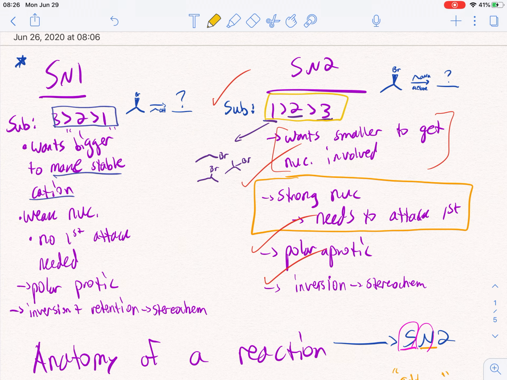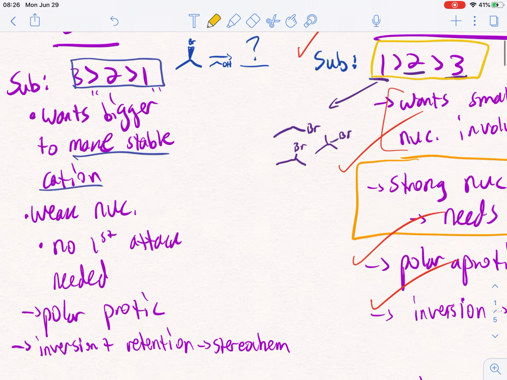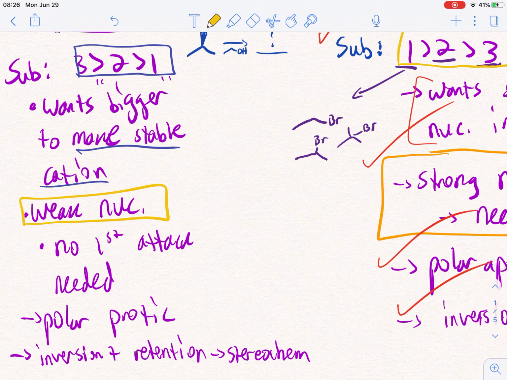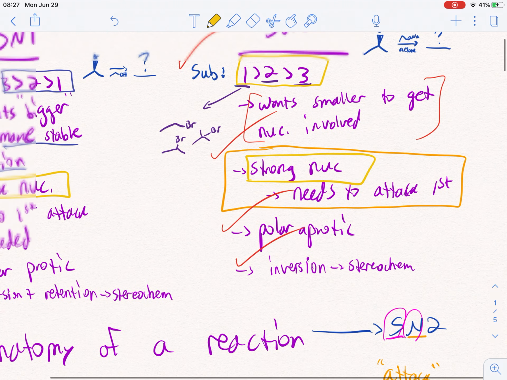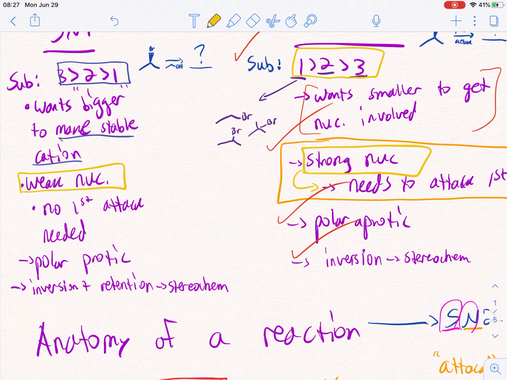Because nucleophilic attack is the first step, right? Whereas for SN1, the first step is a leaving group leaves. Moving down, again, for SN1, we want a weak nucleophile. But for SN2, we want a strong nucleophile, right? Because the first step in SN2 is an attack. The second step in SN1 is the attack, right? So the steps of the attacks are different, okay?